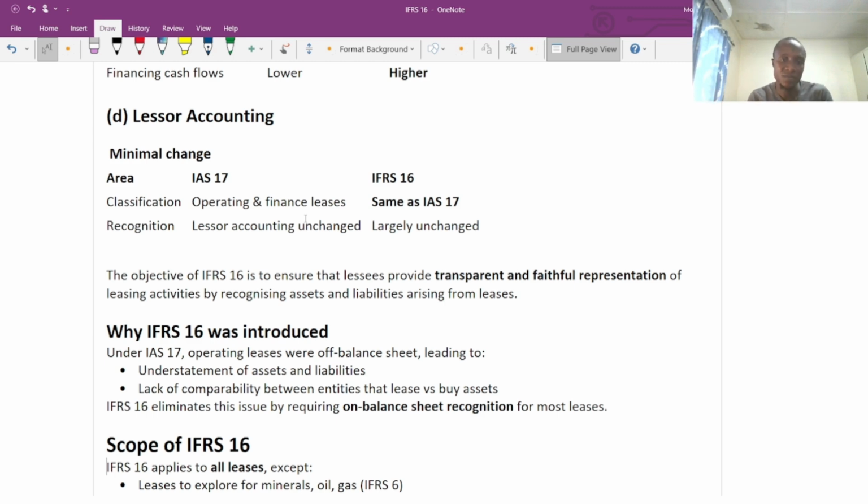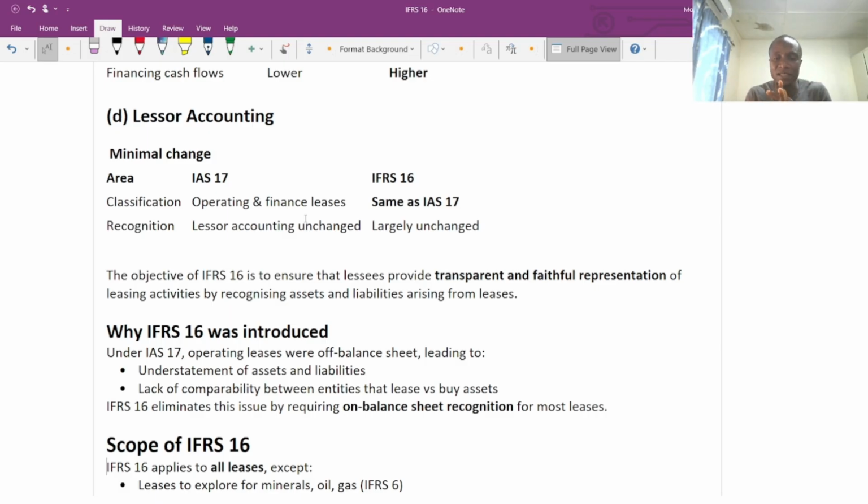Very important concept. Looking at IAS 17, there is less transparency and there is an off-balance sheet item, and this is totally not acceptable by any accounting practice, to have a business transaction that is not included in the financial statements.